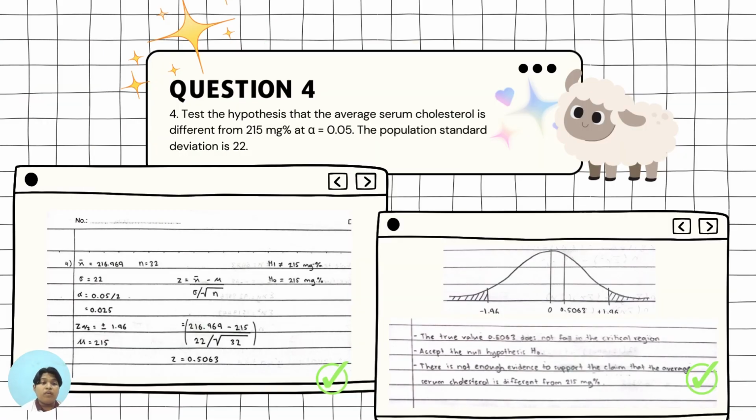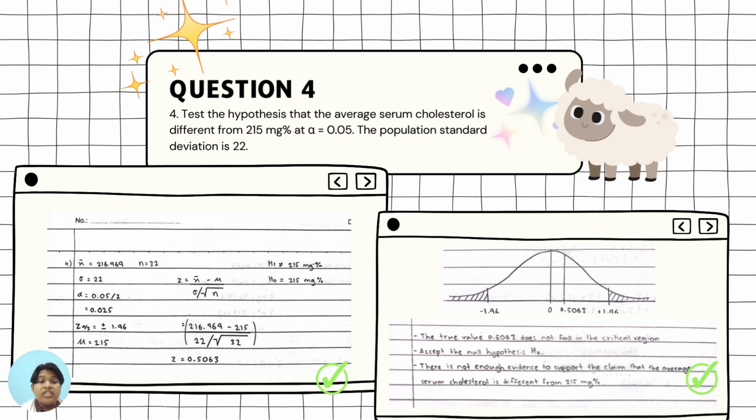For question number 4, test the hypothesis that the average serum cholesterol is different from 215 milligram percentage at alpha equal to 0.05. The population standard deviation is 22. So let's look at what we need to find. We need to find first is the mean, which is x bar equal to 216.969, and the n is the number of data is 32.